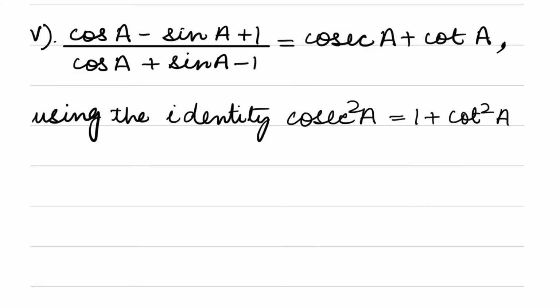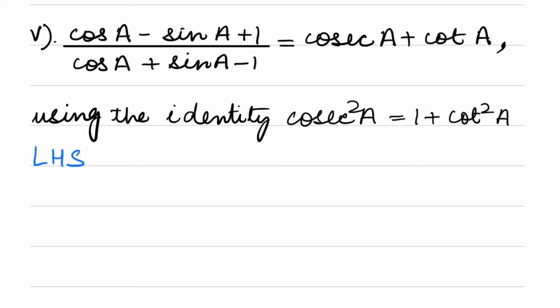Now the fifth part is cos a minus sin a plus 1 divided by cos a plus sin a minus 1 is equal to cosec a plus cot a. We can do it in different ways, but here it has been mentioned that we have to use the identity cosec square a is equal to 1 plus cot square a.